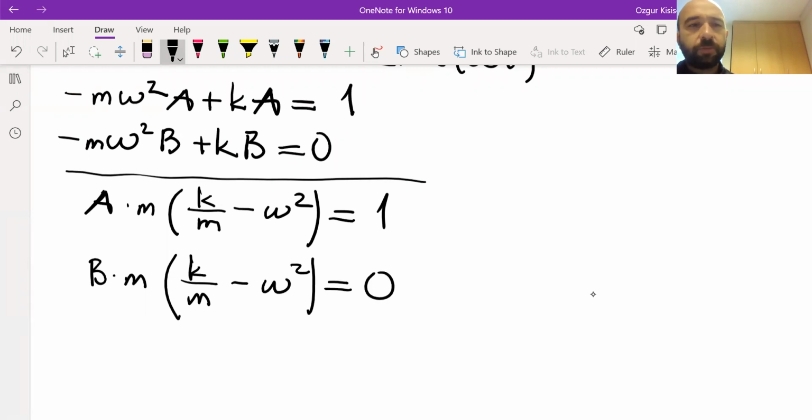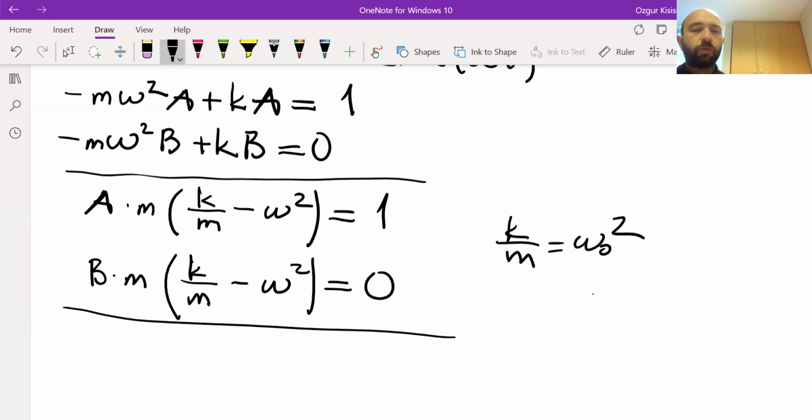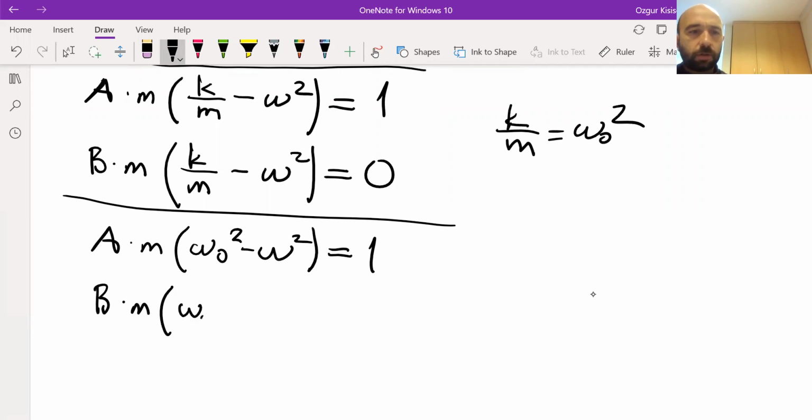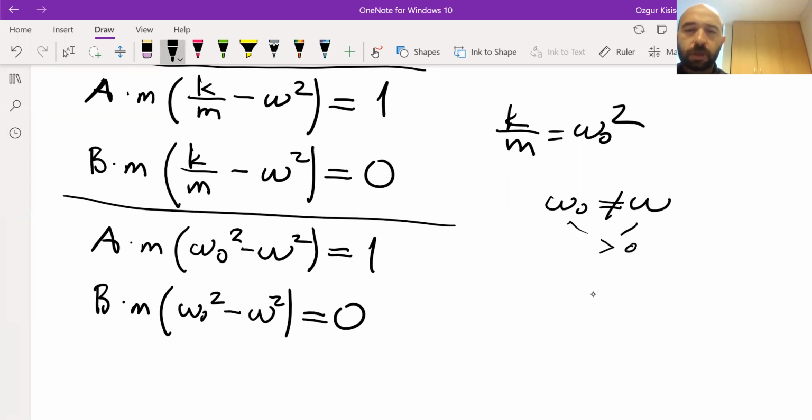Now, k over m is omega 0 squared, right? So we can write the same equations as a times m times omega 0 squared minus omega squared equals 1, and b times m times omega 0 squared minus omega squared equals 0. Omega 0 is not equal to omega by assumption, and they are both positive. So their squares are not equal either, right?